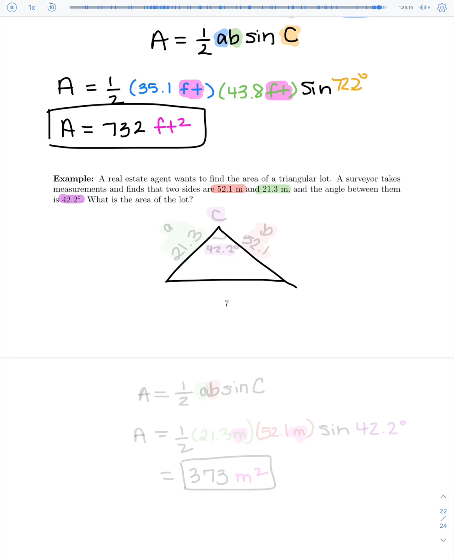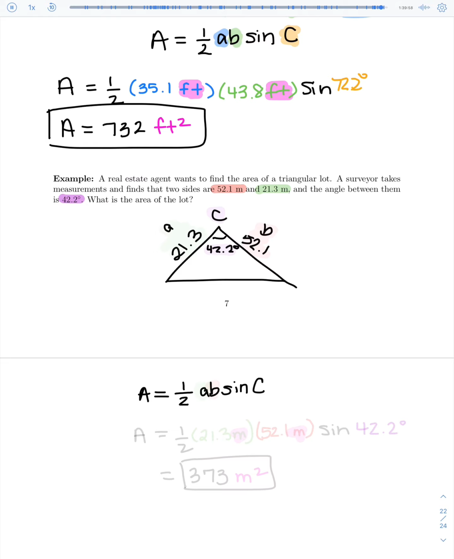So what we're looking at is the angle in between, which is the 42.2 degrees, and then the sides around it, 52.1 and 21.3, which is exactly how our 3 area formulas work: 1/2 times your 2 sides, and we'll just call those A and B, and then we'll do sine of the angle in the middle. Well, because the angle has nothing to do with the 2 sides, it's not opposite of the 2 sides, that has to be angle C then.